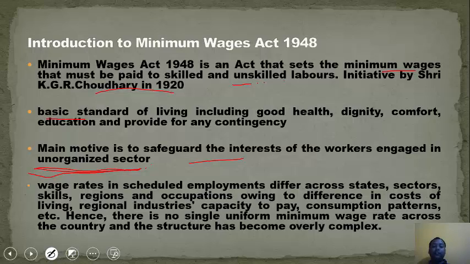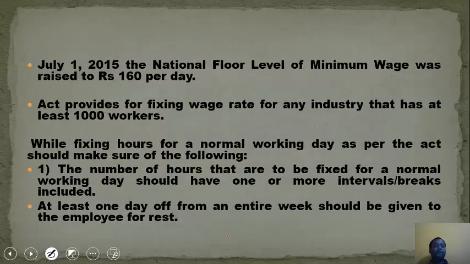Now, wage rate in scheduled employments differ across states, sectors, skills, regions, and occupations, owing to difference in costs of living, regional industries, capacity to pay, consumption patterns, etc. Hence, there is no single uniform minimum wage rate across the country, and the structure has become overly complex.